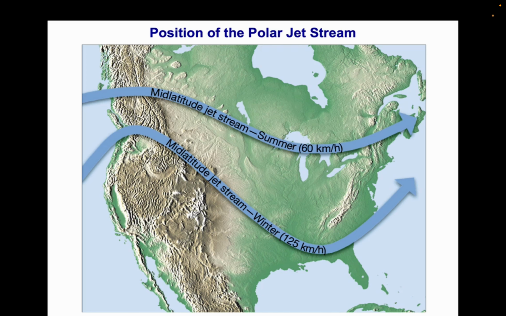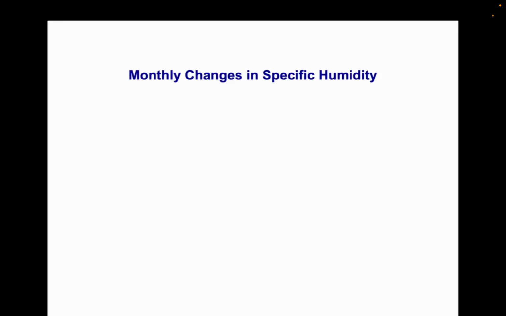So for instance, during the summer season, the maritime tropical air mass, that warm air mass, is much more dominant and pushes the polar jet stream further to the north, while during the winter season the cold air mass coming from the poles is much more dominant. So the position of the jet stream changes with the season, right?